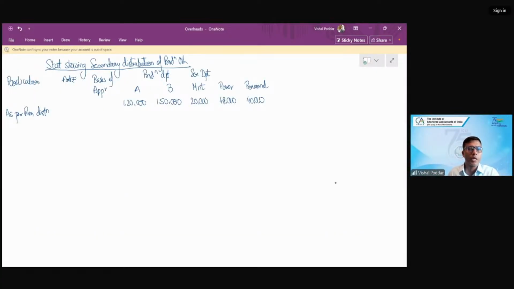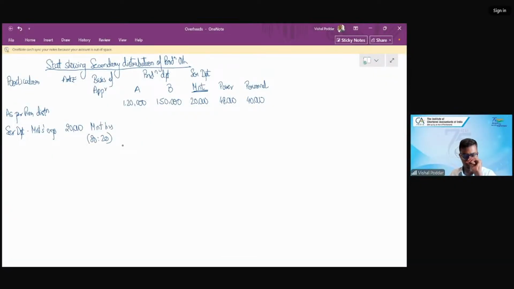Now, I will first distribute the service department maintenance expenses. How much is the amount? 20,000. The basis we have selected is maintenance hours. What is the ratio? 80-20. I know as a student of maths, you can reduce it to 4:1.